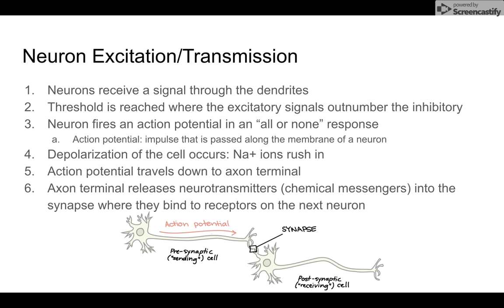An action potential is an impulse that is passed along the membrane of a neuron. Depolarization of the cell occurs, and sodium ions rush in. Next, the action potential travels down the axon terminal. Finally, the axon terminal releases neurotransmitters into the synapse, where they bind to receptors on the next neuron.